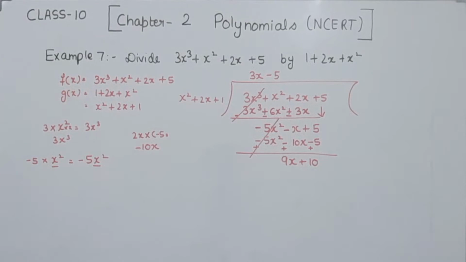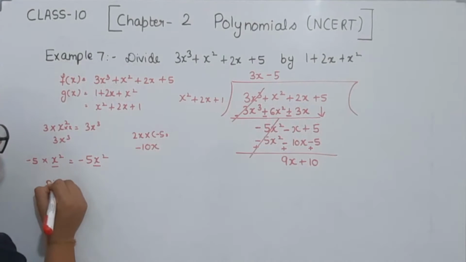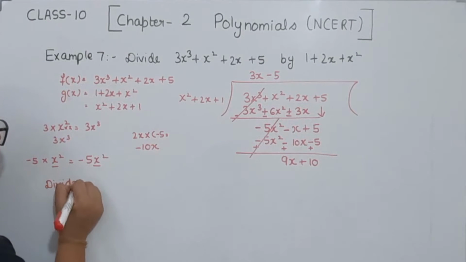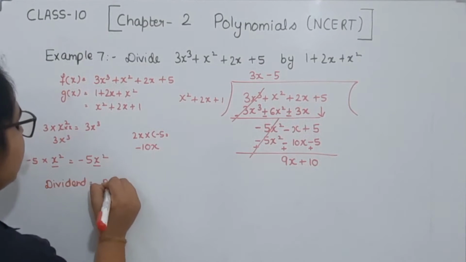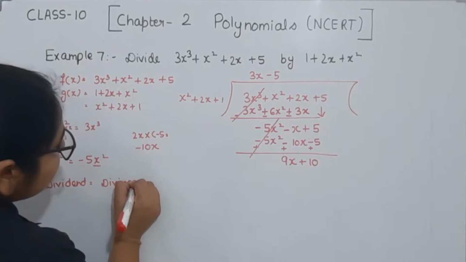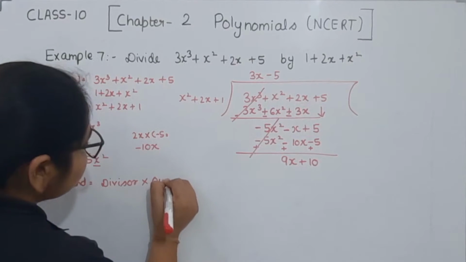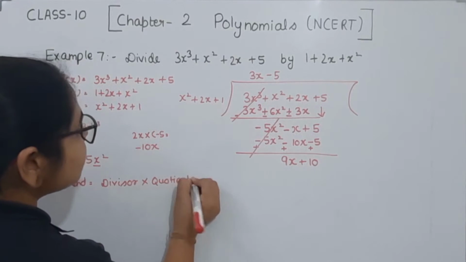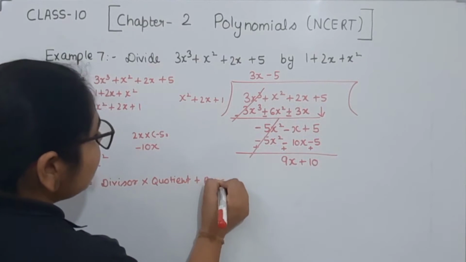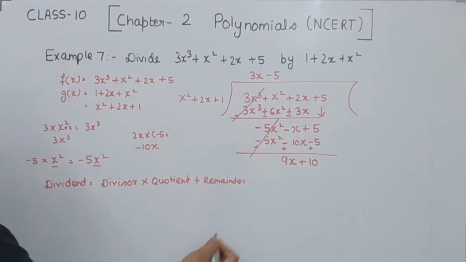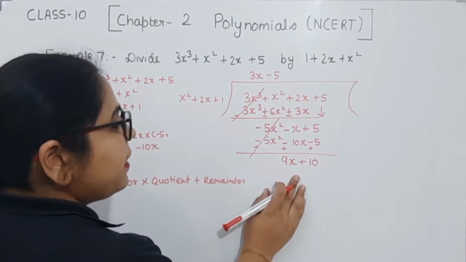Now we are going to check whether this is correct or not. So I am going to write here, by the division algorithm, the dividend is equal to the divisor multiplied by quotient plus remainder. Now why have I stopped dividing here?